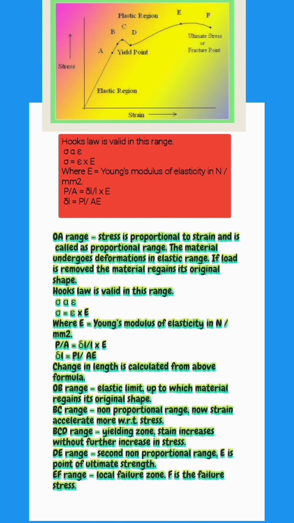The stress corresponding to point A is called the ultimate tensile stress of the material. AF range. Material ahead in local failure zone. As the extension is increased, the load required decreases, the specimen breaks at point F. The stress corresponding to point F is called failure stress.